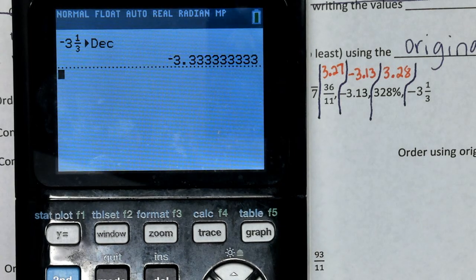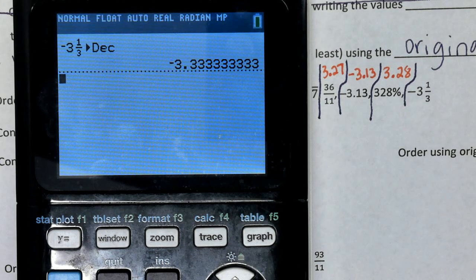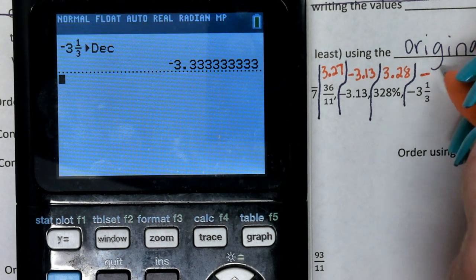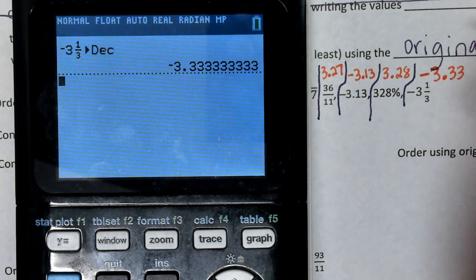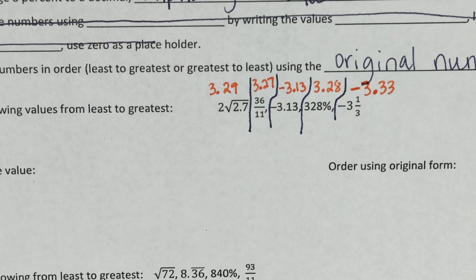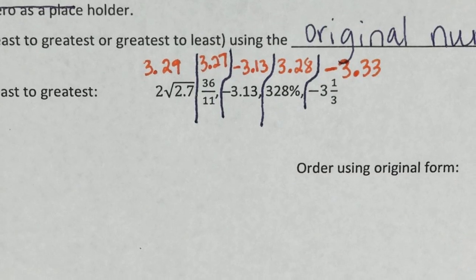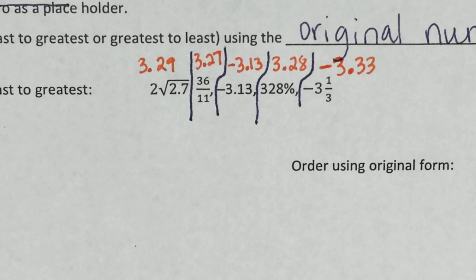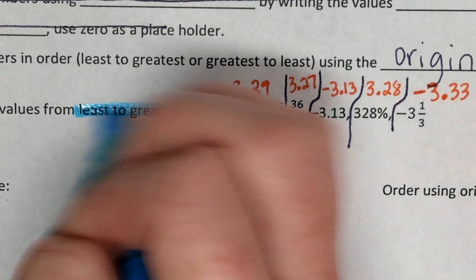How much money? Was it positive or negative? Negative. So I owe somebody $3.33. Was that hard? Absolutely not. All you did was push buttons on the calculator. Do y'all agree? Now, it wants us to order from least to greatest.